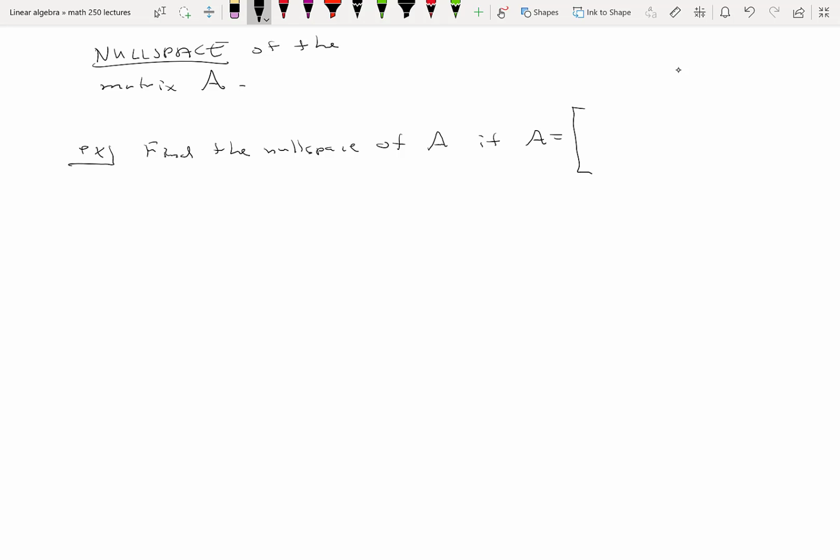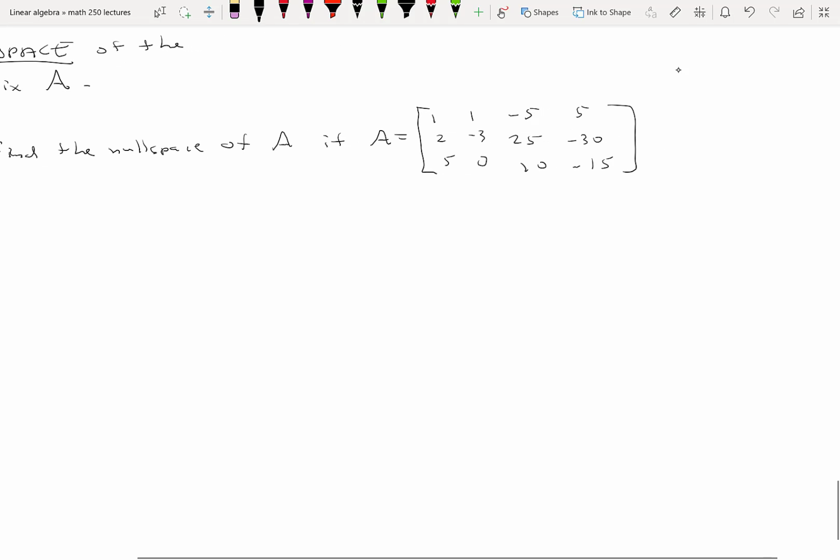It is a 3 by 4 matrix, whose columns are 1, 2, 5; 1, negative 3, 0; negative 5, 25, and 10; and 5, negative 30, and negative 15. Okay, so this is the matrix.